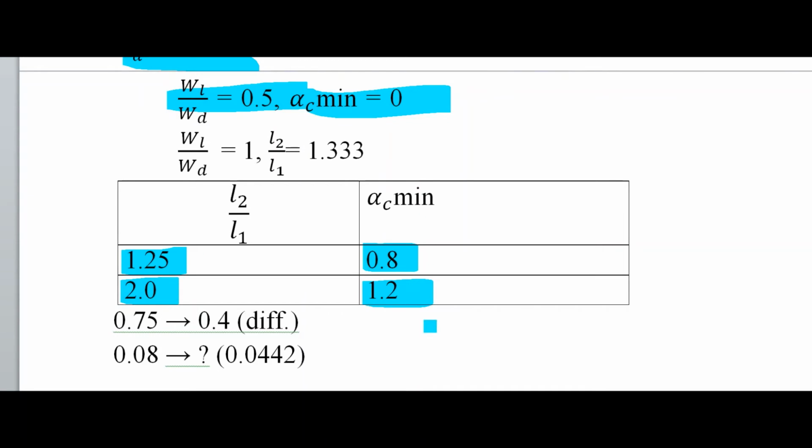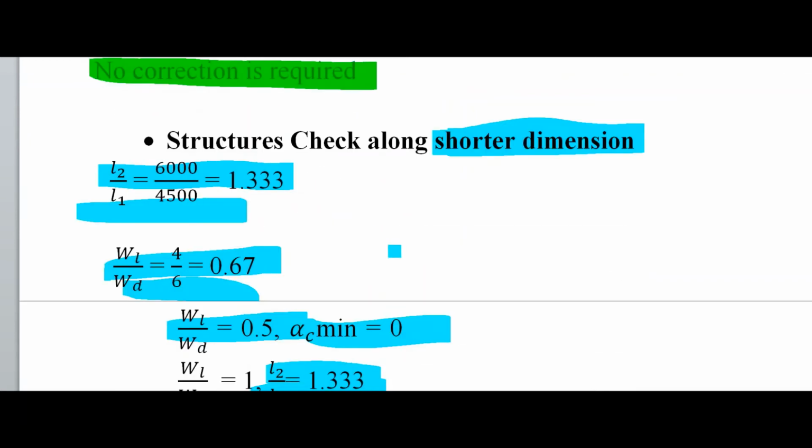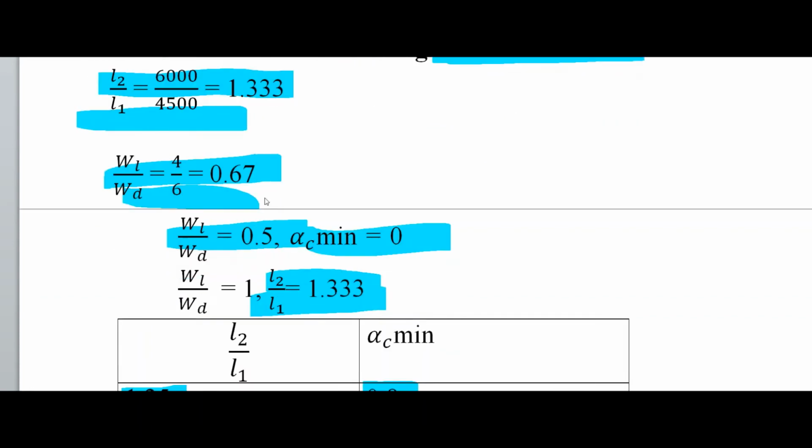But here the L2 L1 ratio will be changed because we have to get the shorter dimension, so the dimension will be changed. Okay, look here. L2 6000 and 450. In the longer direction 450, 6000. Right? So this L1 L2 value will be changed, but the live load and dead load ratio are the same.